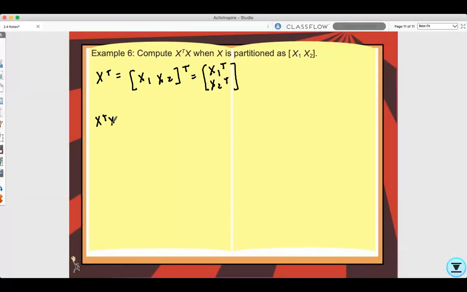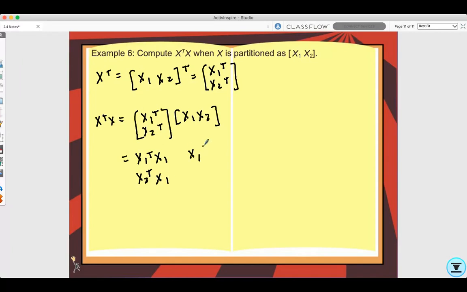So X transpose X would be X1 transpose, X2 transpose times X1, X2, which would then equal, using your row column multiplication, X1 transpose X1, X1 transpose X2, X2 transpose X1, X2 transpose X2. And that would be your answer.